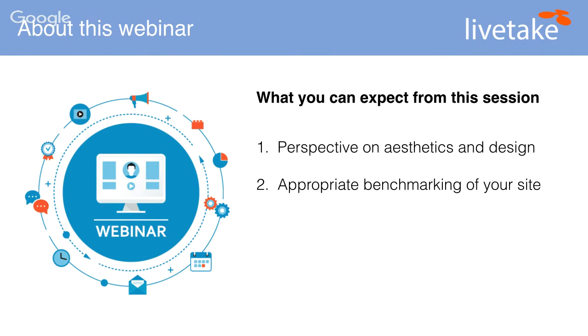Then we'll take a quick moment to go over what's the appropriate benchmarking that you should do for your site so that it accomplishes the specific things that you want it to accomplish. And I'm assuming those things are getting more business. That's what we're going to focus this webinar on. It's how do you actually either generate more sales leads online or actually sell product online.